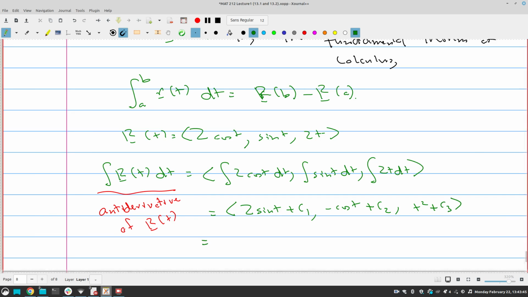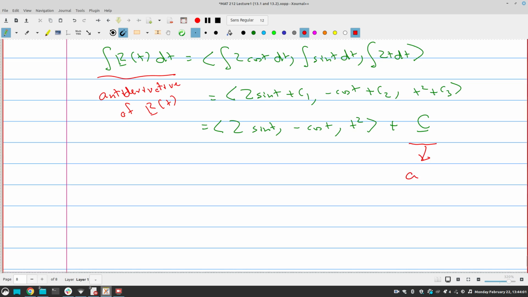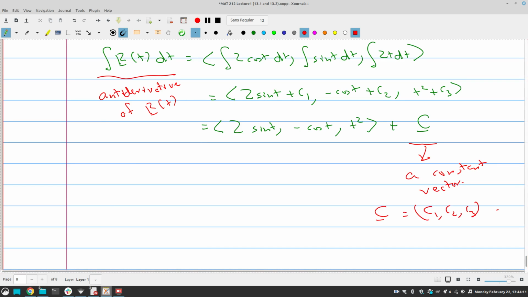So this equals 2 sine t, negative cosine t, t squared plus some constant vector c, where c is equal to c1, c2, c3.